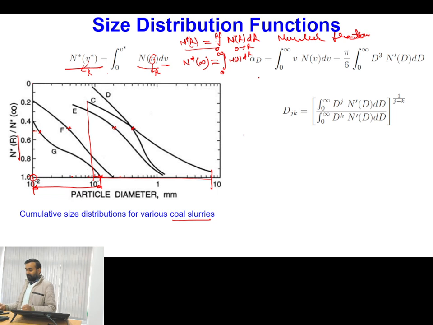But in order to acquire some steady state within the flow, it will take some time. And if you drop a smaller size particle, its response to the flow will be faster. It will try to acquire the dynamics of the surrounding flow easily.